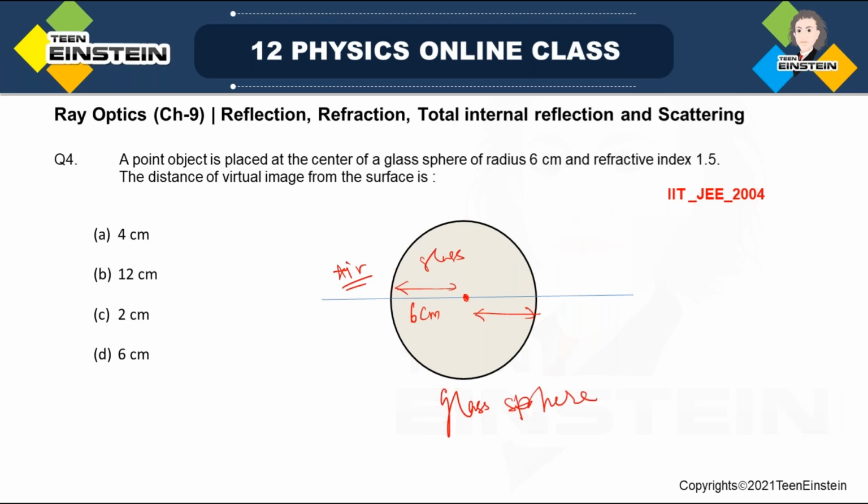Look, if I take this side as the object, and this right hand side will act as a spherical lens, there will be refracted rays and an image formed.